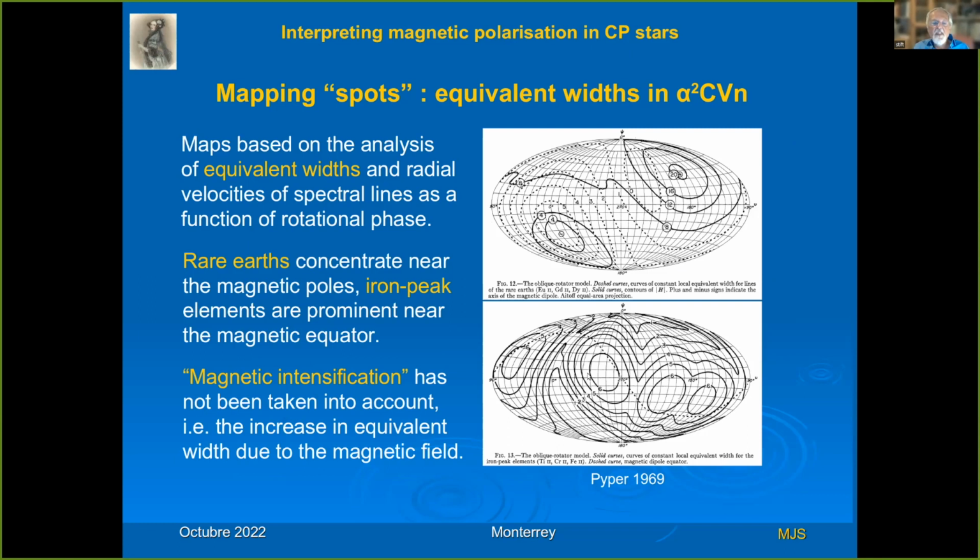In this analysis, the magnetic intensification has not been taken into account. This magnetic intensification is the increase in equivalent width that is due to the magnetic field, and that makes this analysis a very, very first approximation, but you have to do more than that to model these spots.